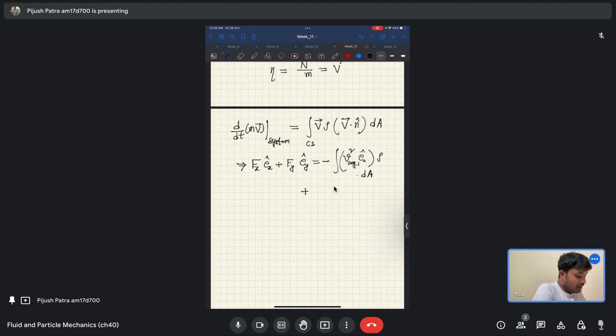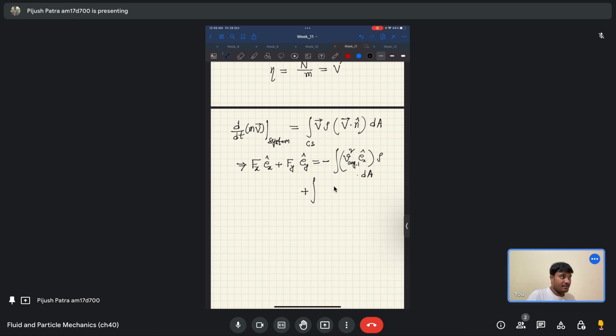Plus at the outlet, what will be this quantity at the outlet? v dot n is positive, v dot n equals +1 in fact. What is v? So v has both x and y components.